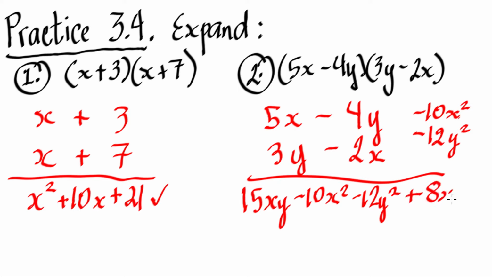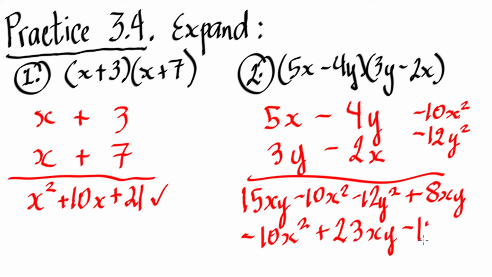Notice we missed something. This term and this term are like terms, so we need to combine them. Negative 10x squared, 15 plus 8 is going to give us 23, so plus 23xy, and then lastly, minus 12y squared.